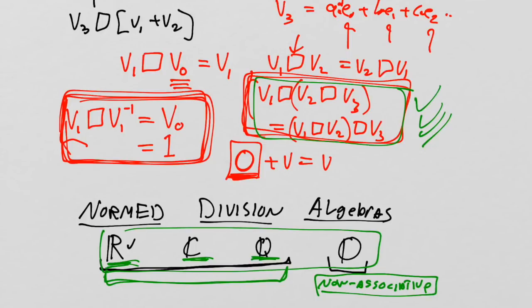And just like fields are a specific form of algebras, there are other things out there. Vector spaces can be defined not only on fields, but in principle on things that are just rings, which are weaker than fields.